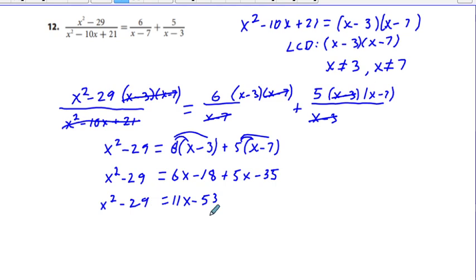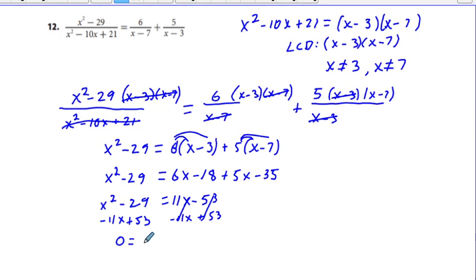And now I'm going to do a double switch here. I'm going to go ahead and subtract out 11x and add 53 to both sides. So these will cancel out on the right. So we have 0, because that's what's on the right here, right?